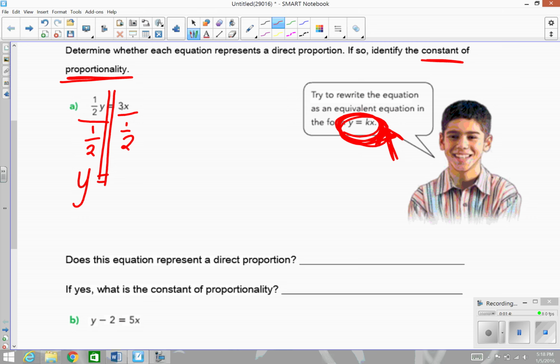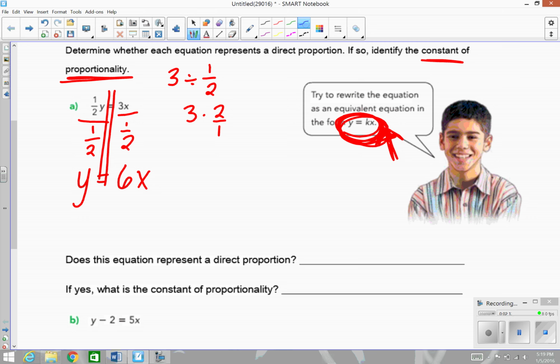And then we have to do this 3 divided by 1/2. Okay, and if you remember, keep, change, flip, 3 divided by 1/2 is the same as 3 times 2 over 1, which is 6. And we can't forget to keep the x that was there as well. And if you want, just put this in your calculator. 3 divided by 1/2, no big deal.